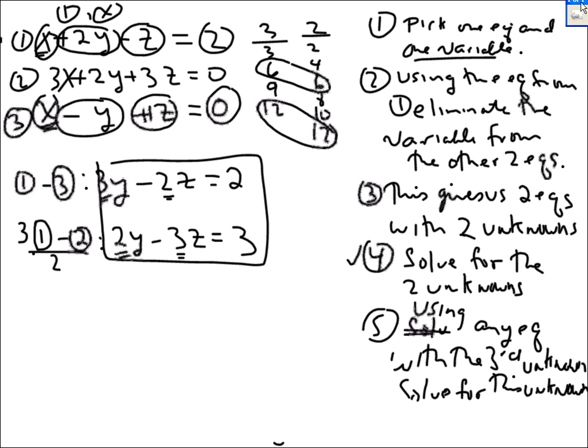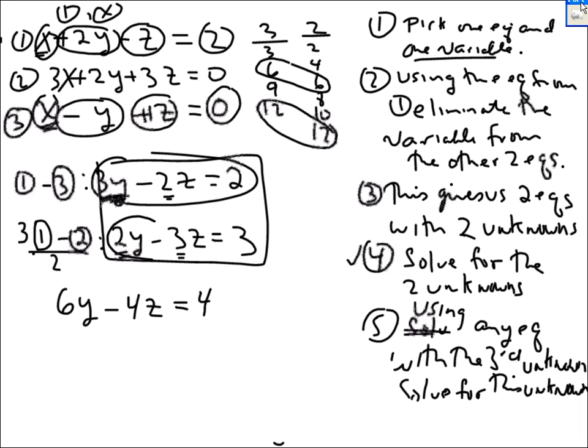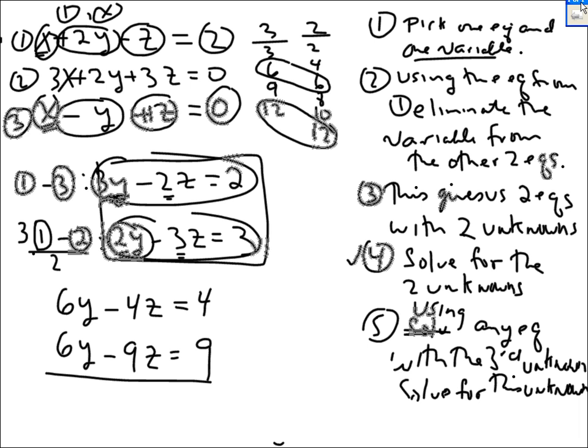We multiply the first equation, this equation here, by 2, because 3 times 2 gives me 6. So I get 6y minus 4z is equal to 4. We multiply this by 3, because 2y times 3 gives me 6y. Multiplying by 3. And then if I have 6y and 6y and I want to get 0, I subtract.